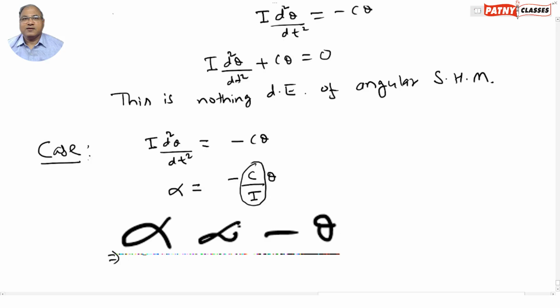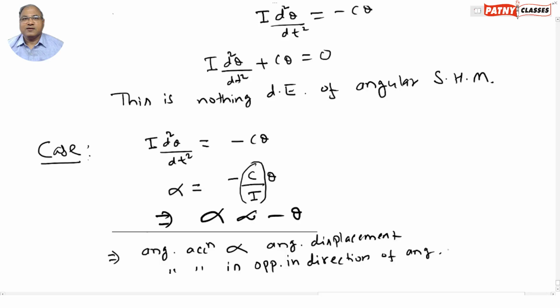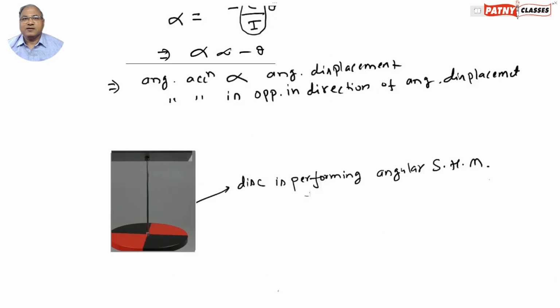This implies angular acceleration is directly proportional to angular displacement, and angular acceleration is opposite in direction to angular displacement. Therefore, we can say the disk is performing angular S.H.M. Indirectly, torsional oscillations are nothing but angular S.H.M.